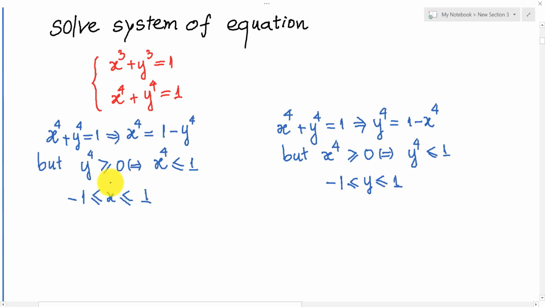Okay, now from -1 is smaller than or equal to x and x is smaller than or equal to 1.